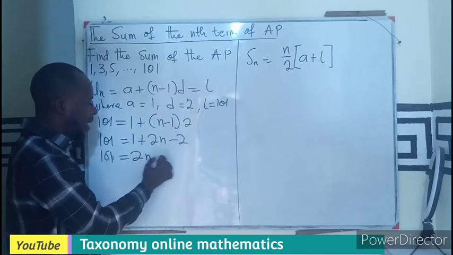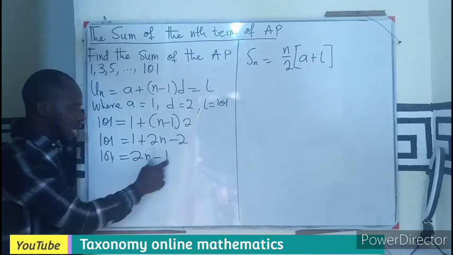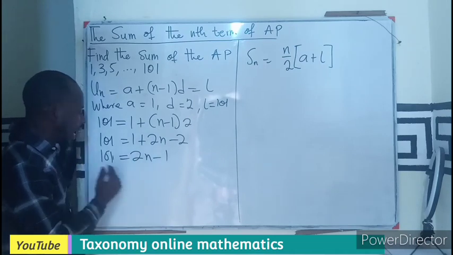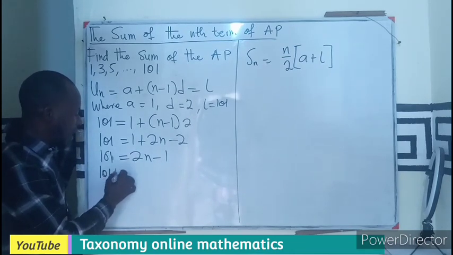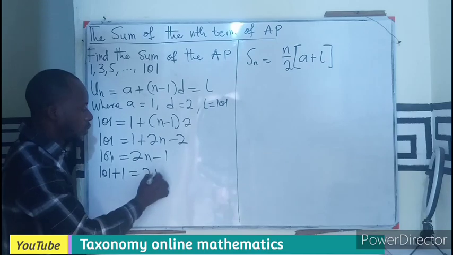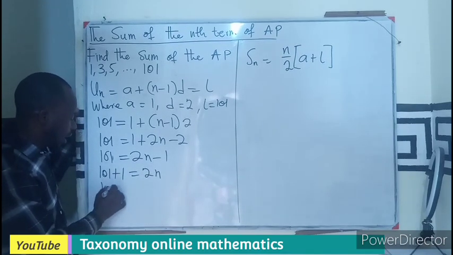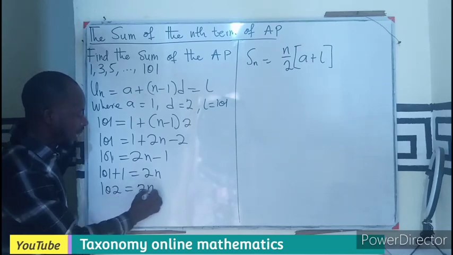so 2n minus 1. We can move this constant over by adding 1 to both sides: 101 plus 1 equals 2n. Per this calculation, we have 102 equals 2n.